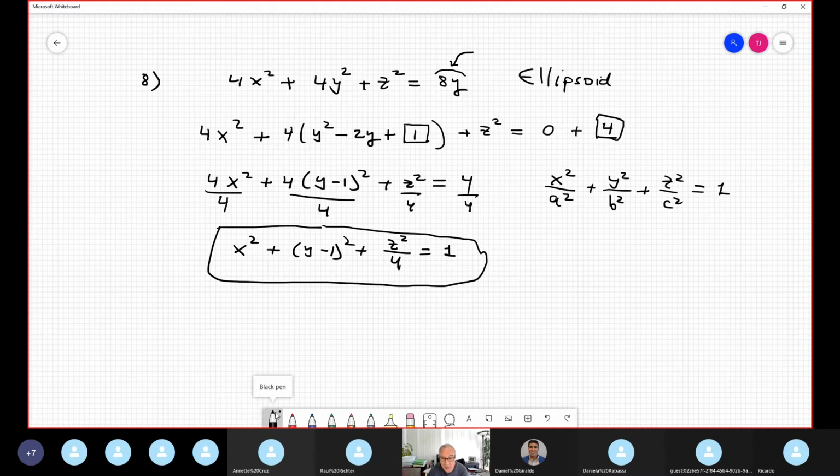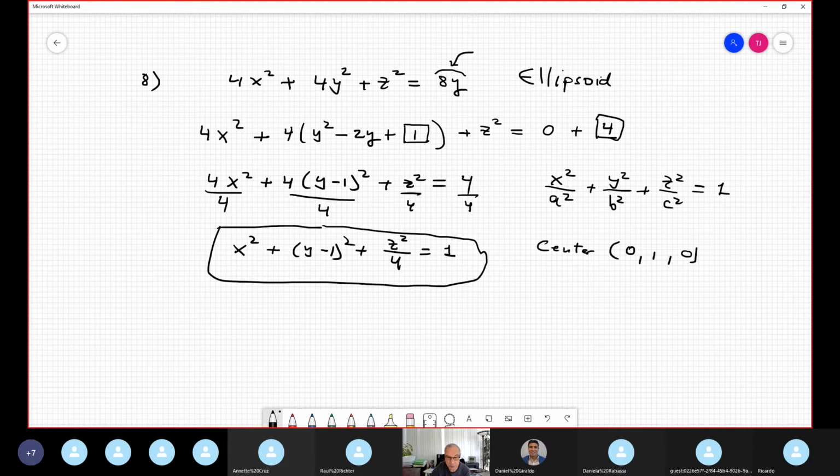Now, I know that the center of this ellipsoid is located at the point (0, 1, 0). Okay, 0 because it's 0 here. No, we have no displacement. We have no shift in x. We have shift only in y.